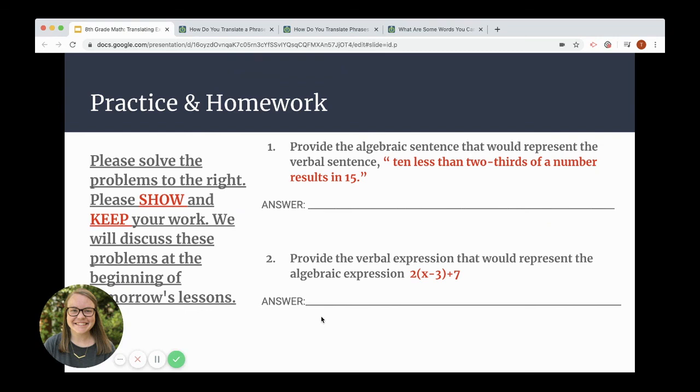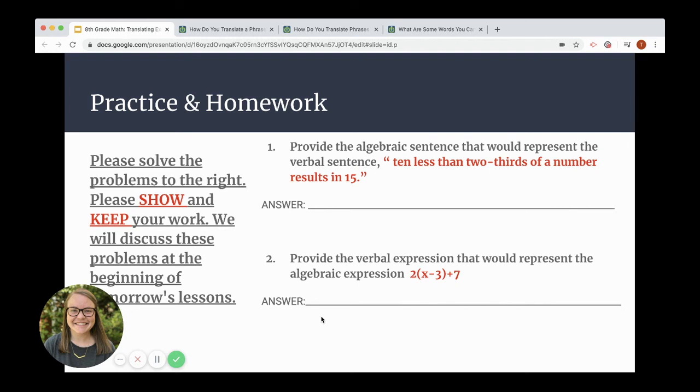Today, this is your assigned practice and homework. You are going to be translating the problems on the right so that we can check your answers tomorrow. We want you to make sure that you keep your work so that we can review it tomorrow.